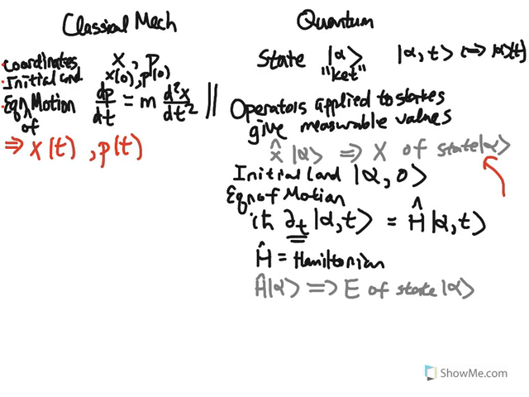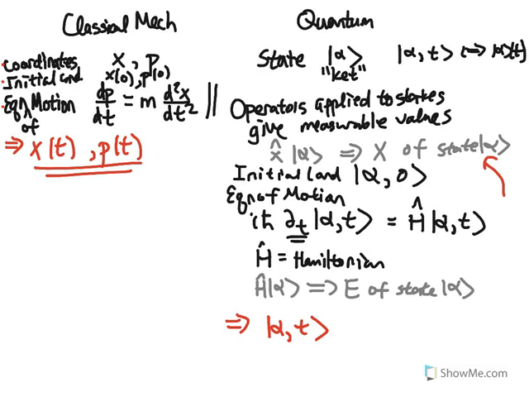Basically, the idea is that quantum mechanics and classical mechanics essentially have the same goal, which is you want to figure out x and p as a function of time. In classical mechanics, you do that directly. In quantum mechanics, this equation of motion tells you alpha of t, which is the state as a function of time.